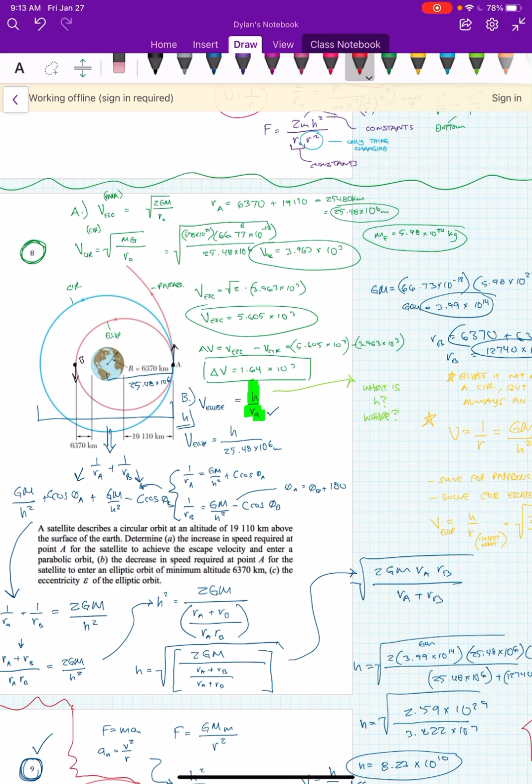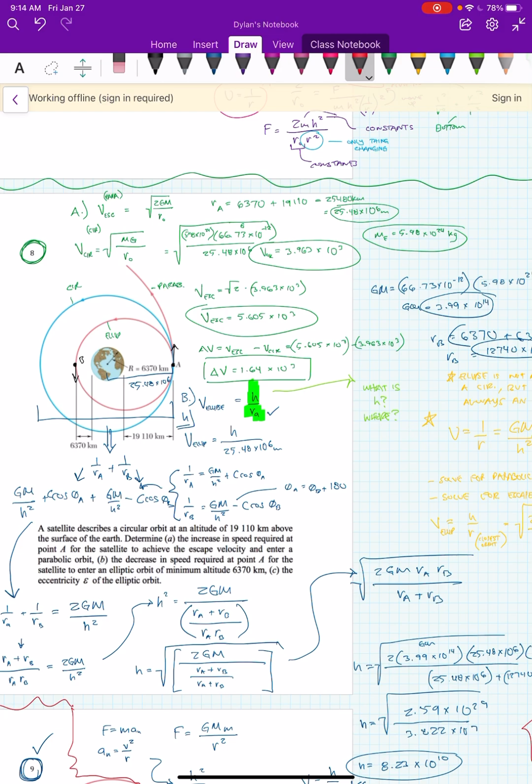So I was able to find the escape velocity of the ellipse or the circle. Yes, the circle.